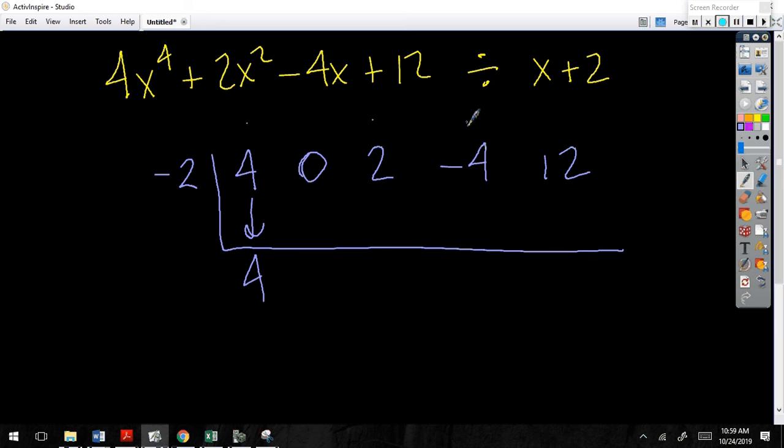Negative 2 times 4 is negative 8. Add. Multiply. Add. Multiply.